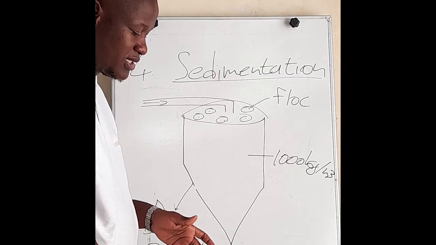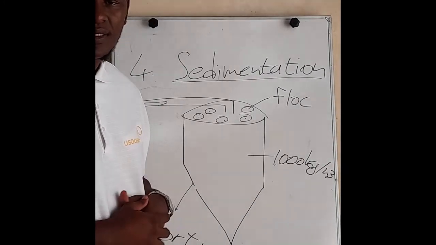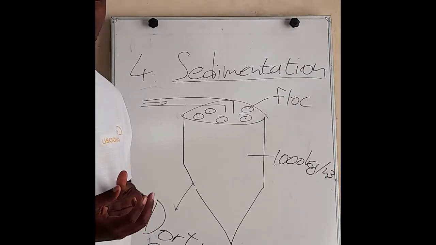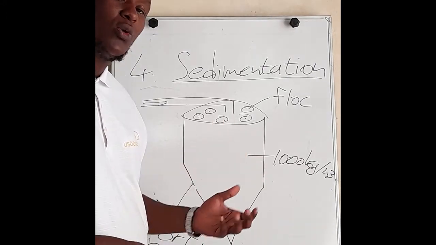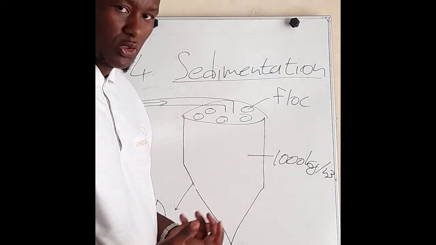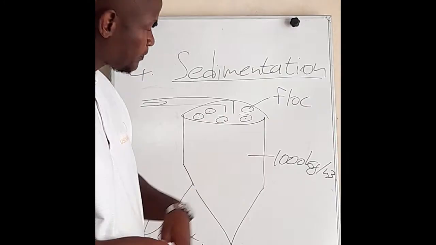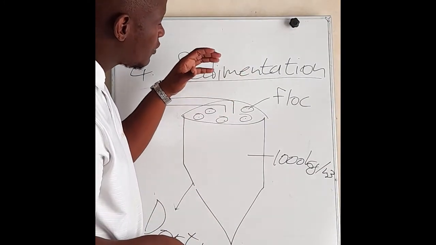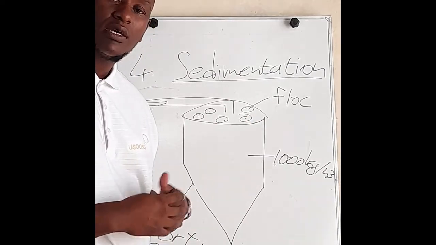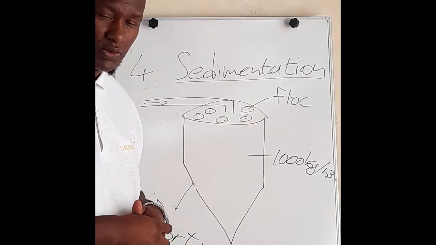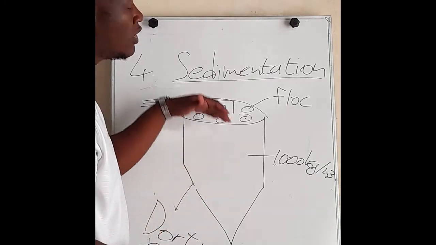Water changes its density based on its temperature, hence you are able to get ice floating on water because it has a lower density. Same goes for the flocs that are there. Before, they weren't even flocs, they were just solid particles in suspension. They had a lower density, hence they were floating.